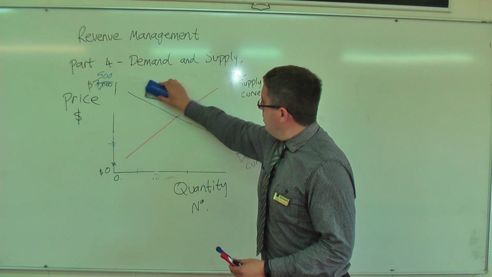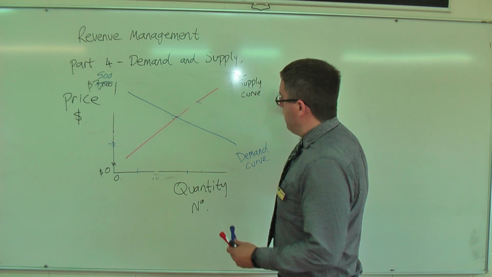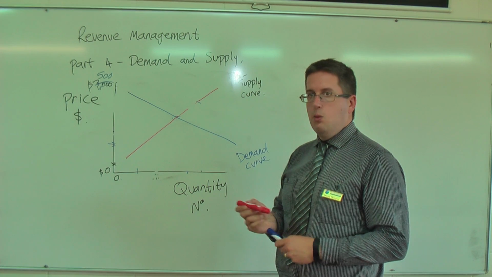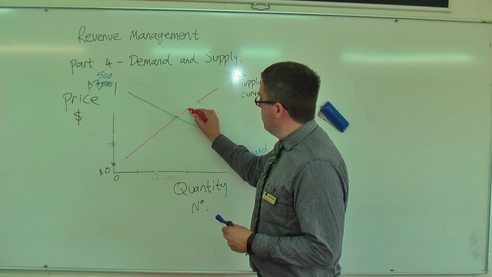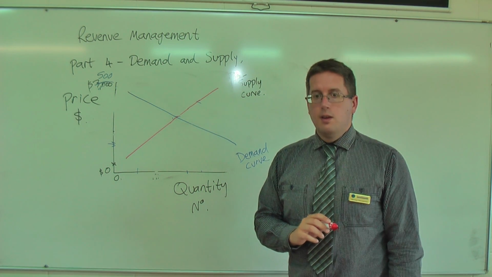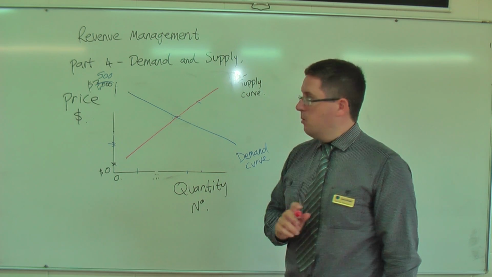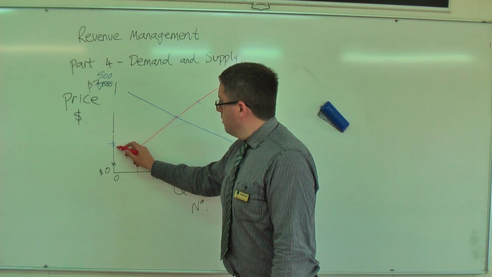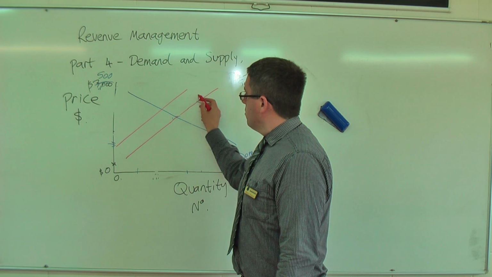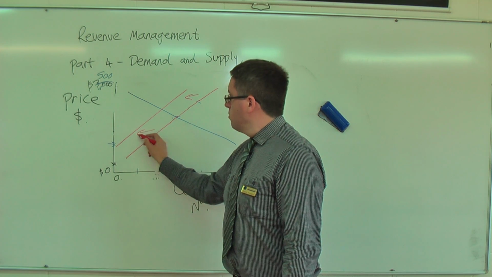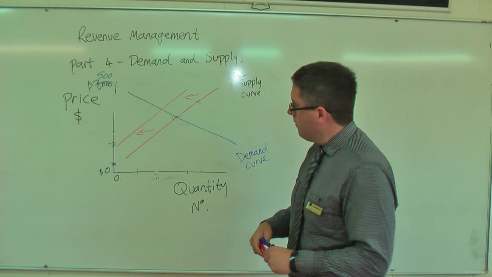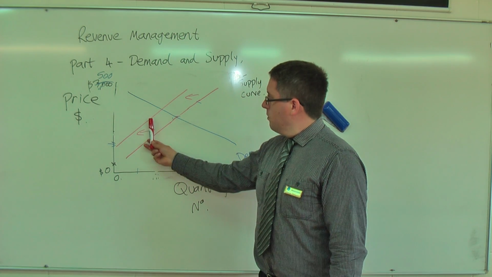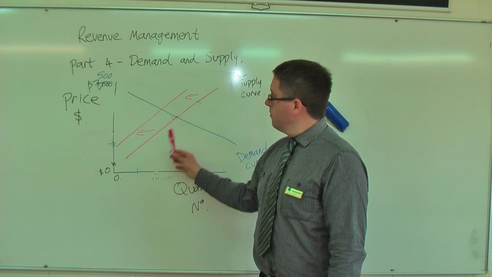Now another example that I gave was, a big tsunami comes through Auckland CBD, wipes out a third of all hotels in Auckland CBD. Supply now reduces. The number of hotel rooms has gone down. So, supply decreases.